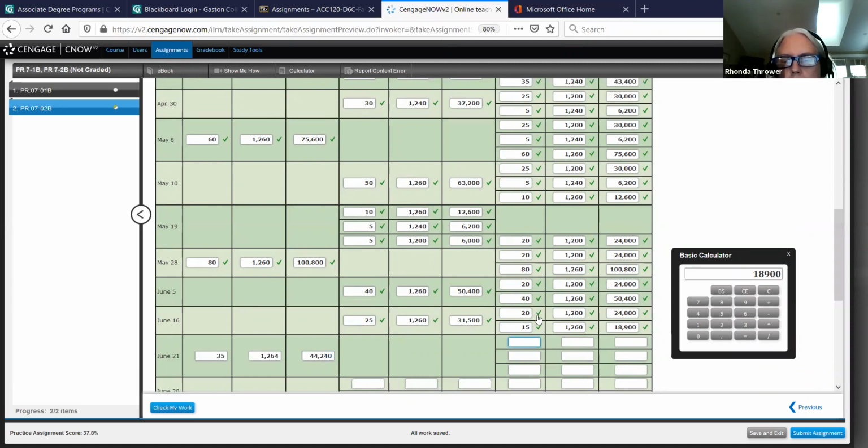Now we're going to bring down the layers as we had them, bring them down in the order. Start with your beginning inventory layer that you had left over, 20 units at 1200 for a total cost of 24,000. You had 15 units left over at 1260, and that came from the May 28th purchase, which was 18,900.